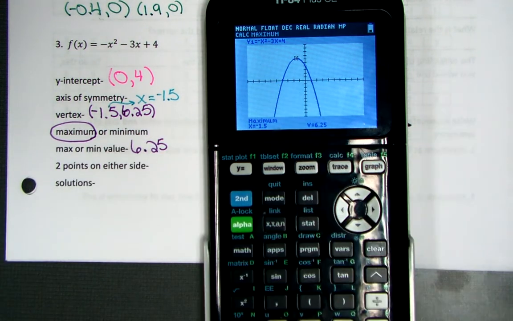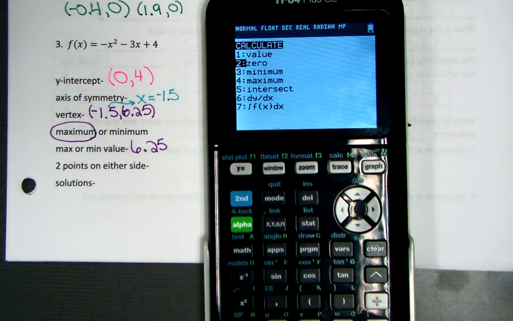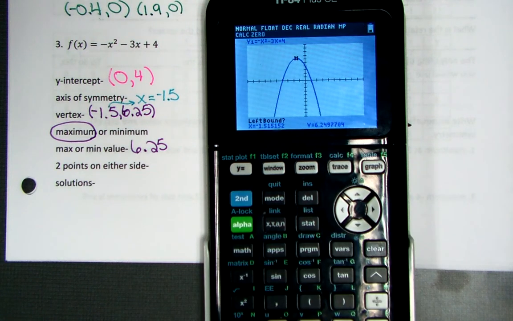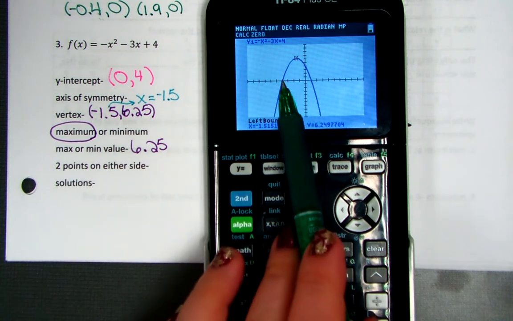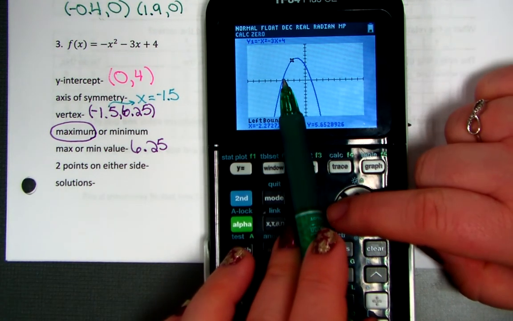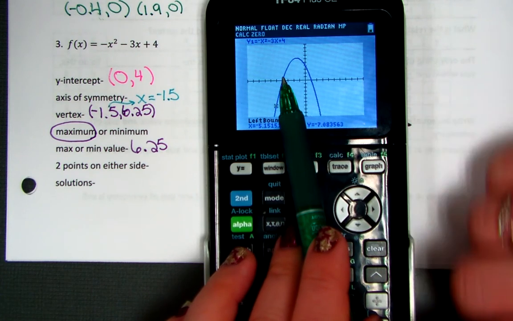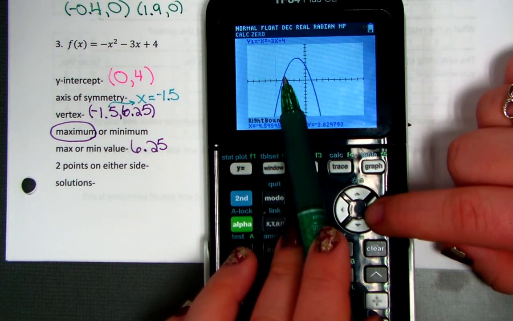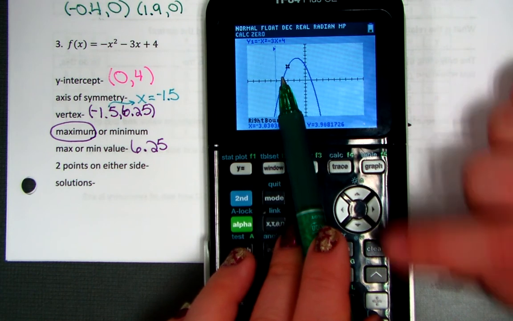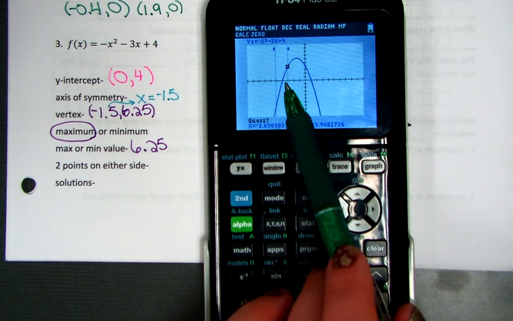I have two solutions. So second calc, option 2. We'll move our cursor over. We'll find our left solution first. So here's my solution, or my x-intercept. I'll move my cursor to the left side and press enter. Move it to the right side and press enter. Arrows are pointing at each other.